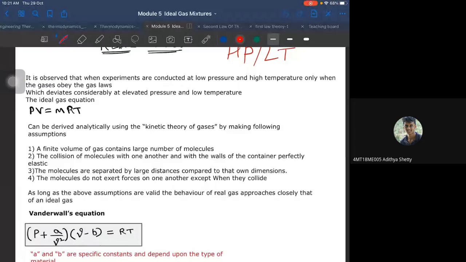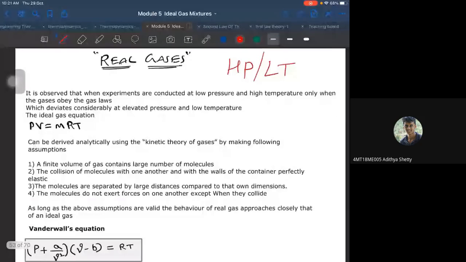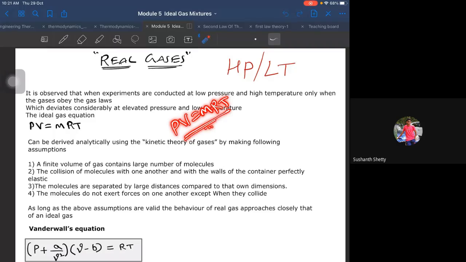So in the previous class, we discussed ideal gases. What are ideal gases? Those which obey Gay-Lussac's law, Boyle's law, and Charles' law. The gases which obey all three laws, and even PV equals nRT, the ideal gas equation, are known as ideal gases.